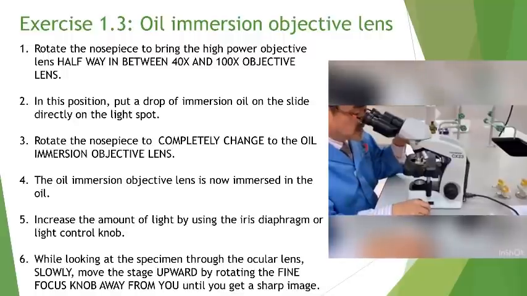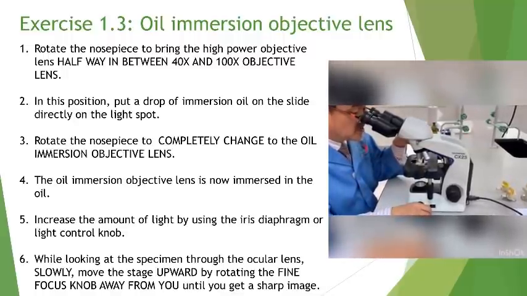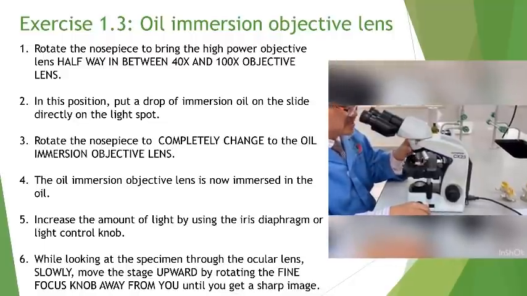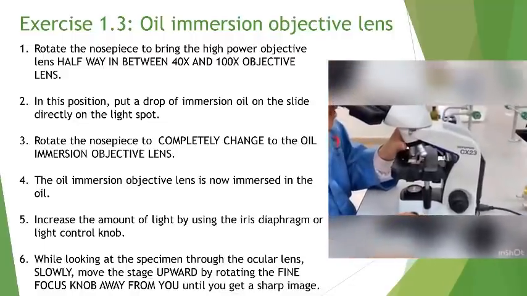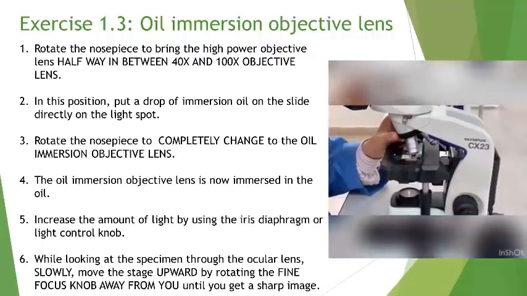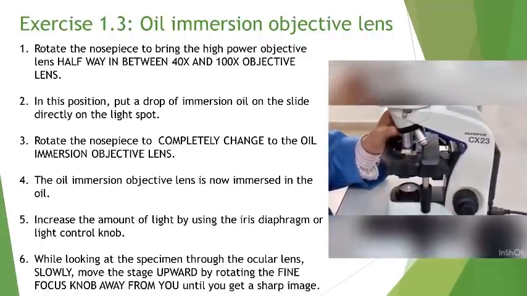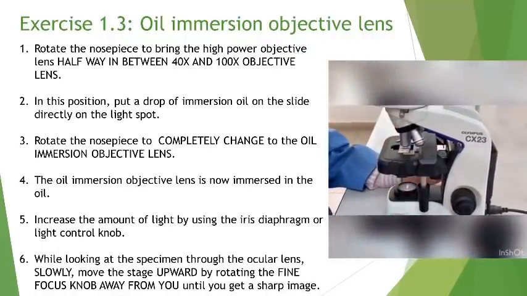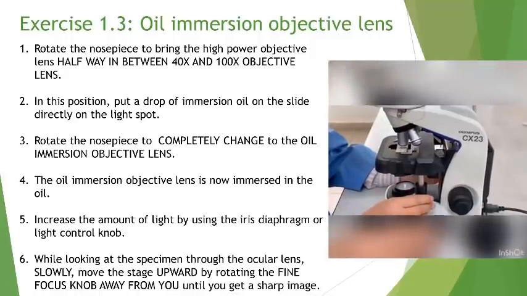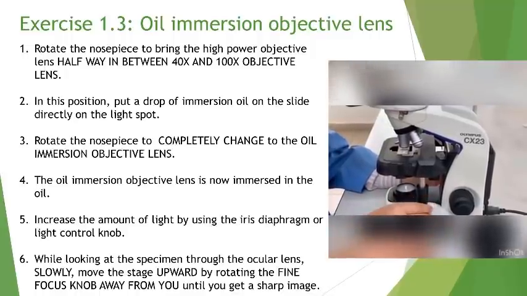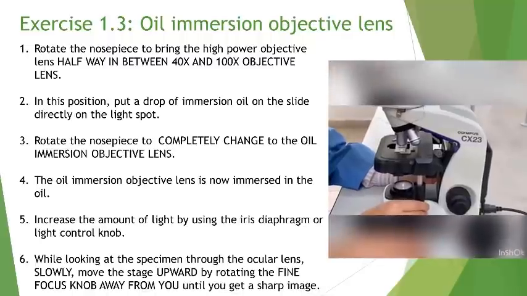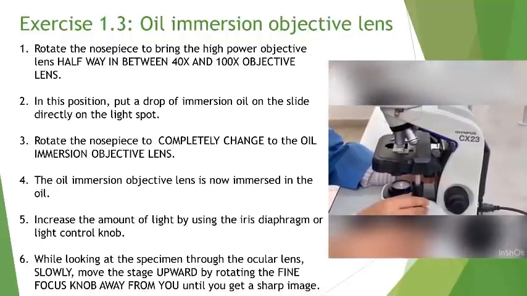When you are satisfied with the image and the location, then you can increase the magnification to the 40 times objective lens. Again, you position the clearest image at the center of the circle.